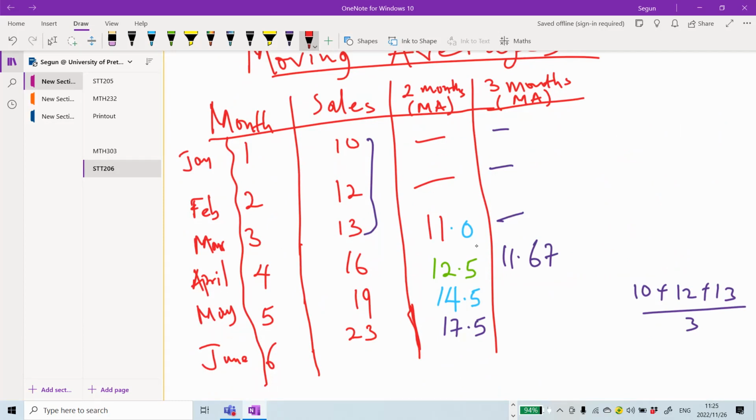So the next one will be what? Who can tell us? How many are we going to draw? 12, 13 and 16.